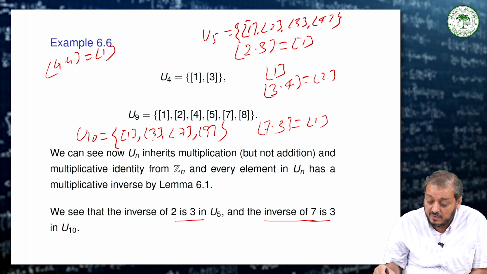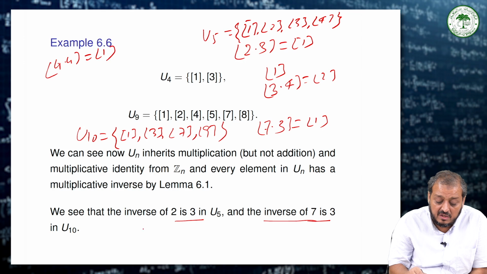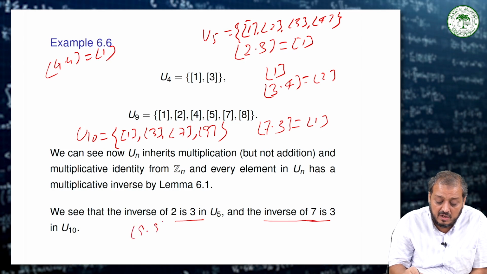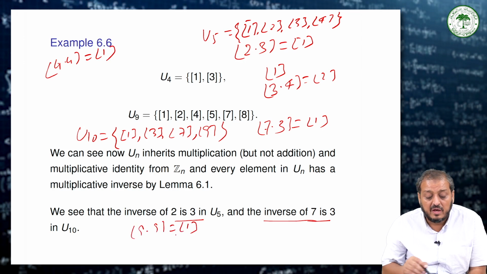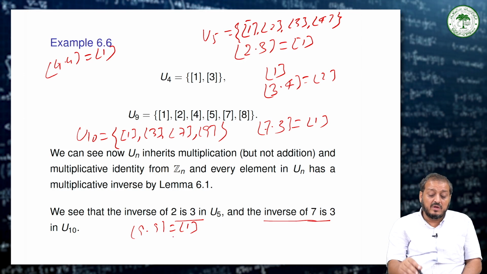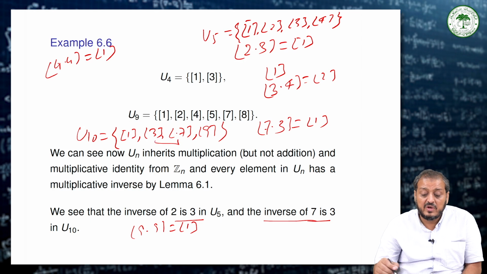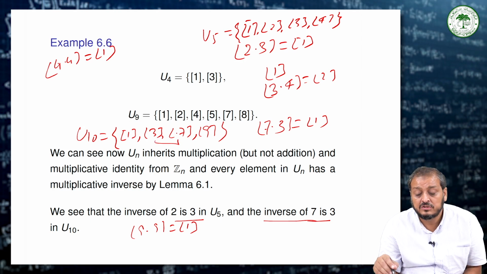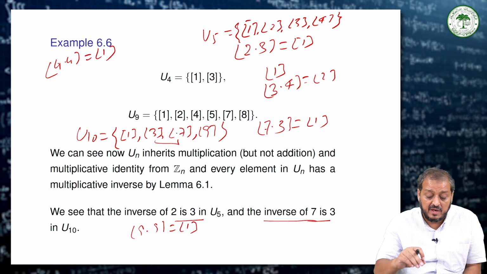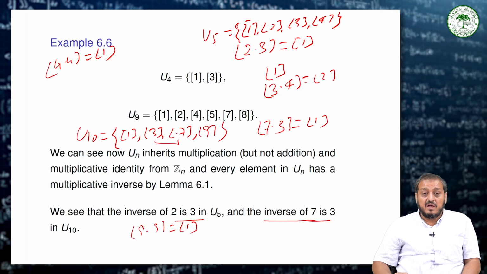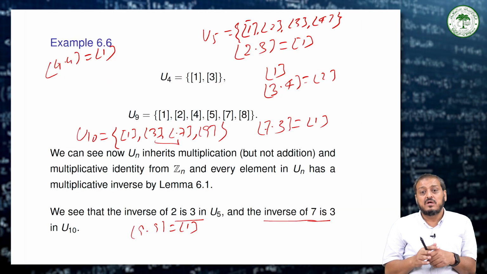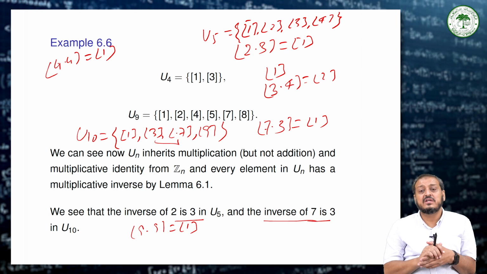In U10, 9 times 9 is equivalent to the equivalence class of 1, so 9 is self-inverse, and 3 and 7 are inverses of each other. We just have to check all of them. So these are the inverses in this set.